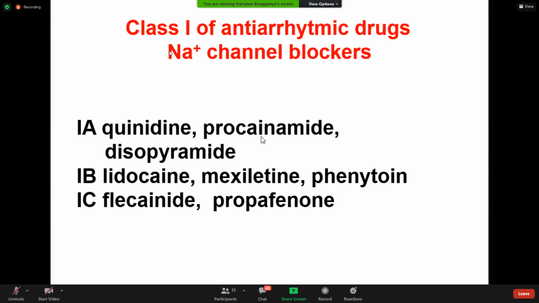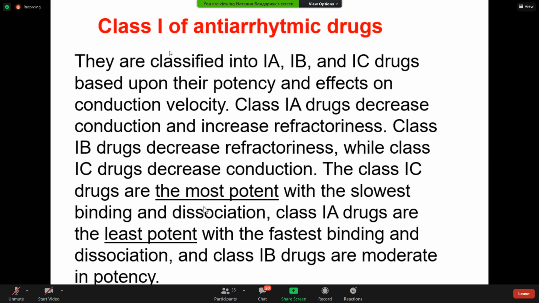For 1B, I think that you remember, because we have already spoken about such drugs as lidocaine and phenytoin in the previous semester. And 1C drugs are unknown for you: flecainide, propafenone.